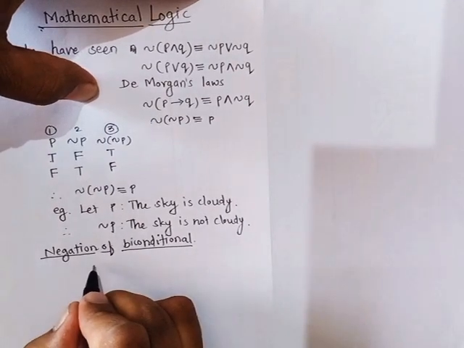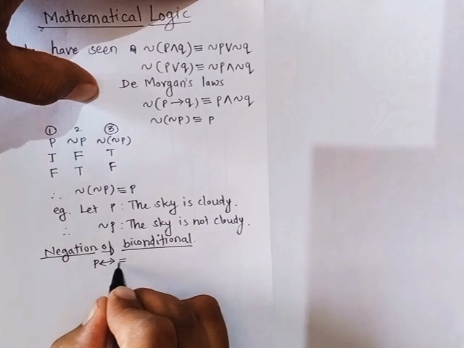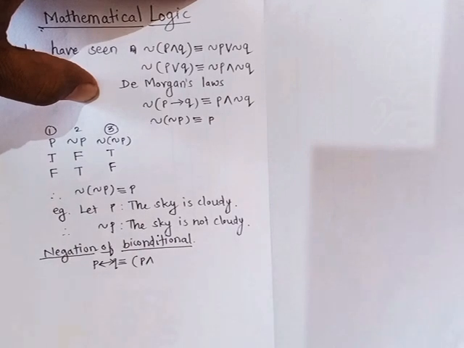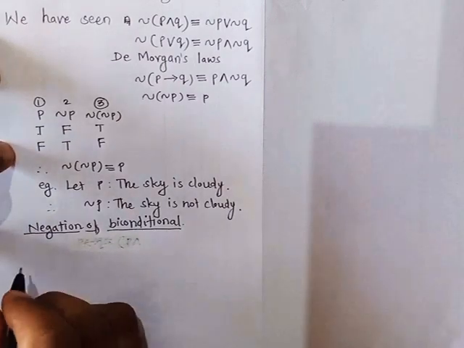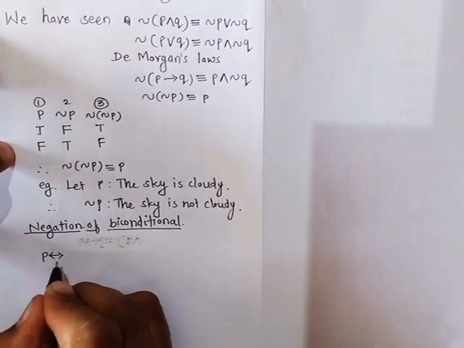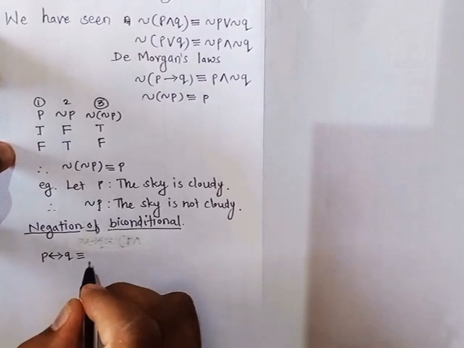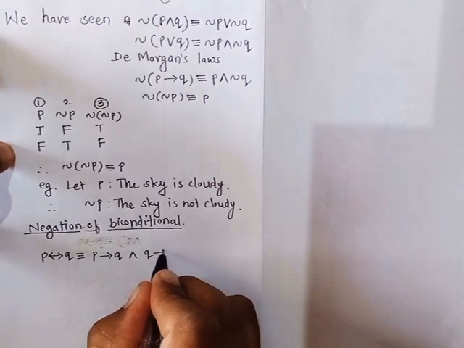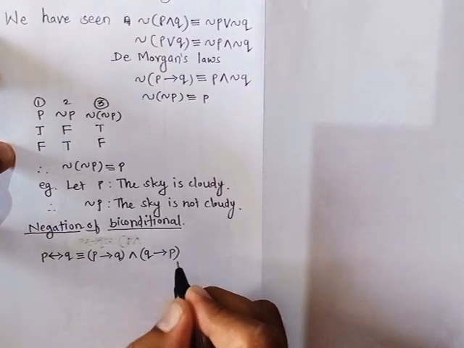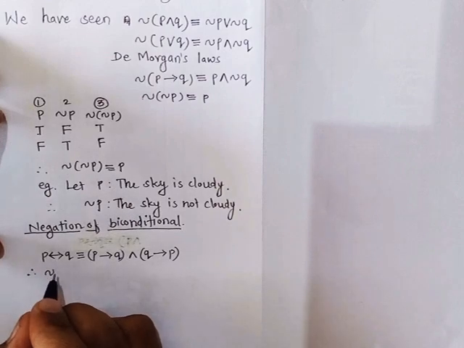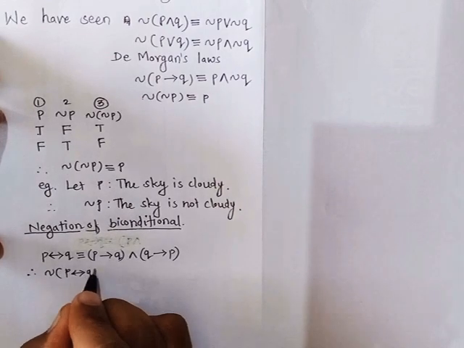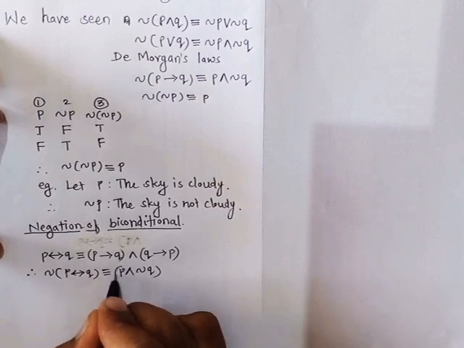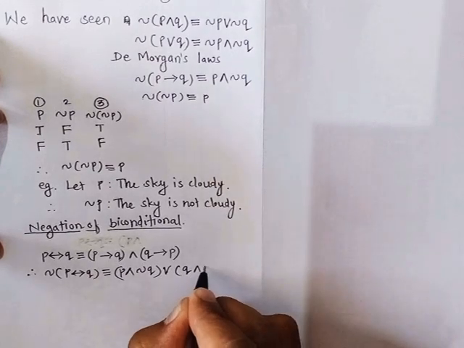We know that double implication, P if and only if Q, is P then Q and Q then P. So therefore negation of P if and only if Q is nothing but P and negation Q, or Q and negation P.